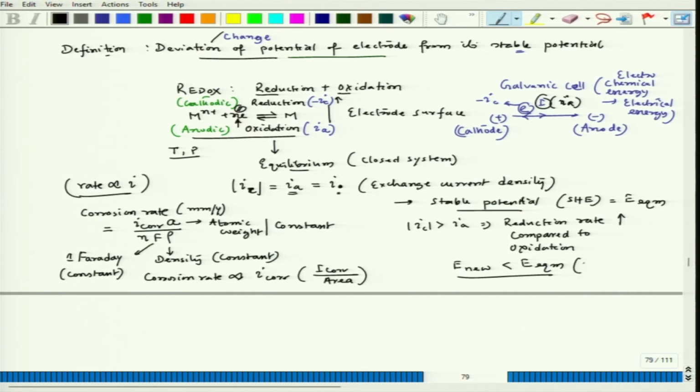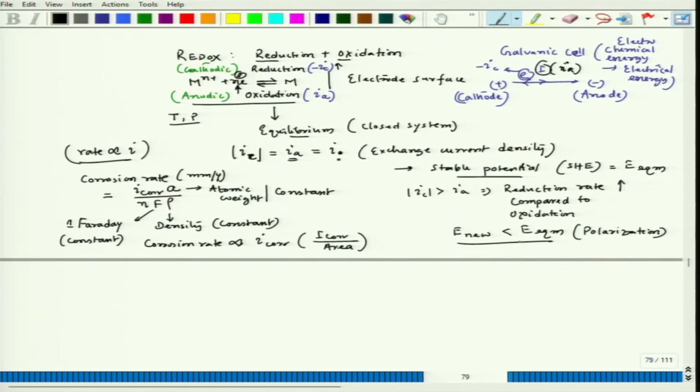So, this is polarization. When polarization happens, we can measure the degree of polarization with the help of overvoltage, which is nothing but E minus E equilibrium, and since this is less than E equilibrium, this would be negative.